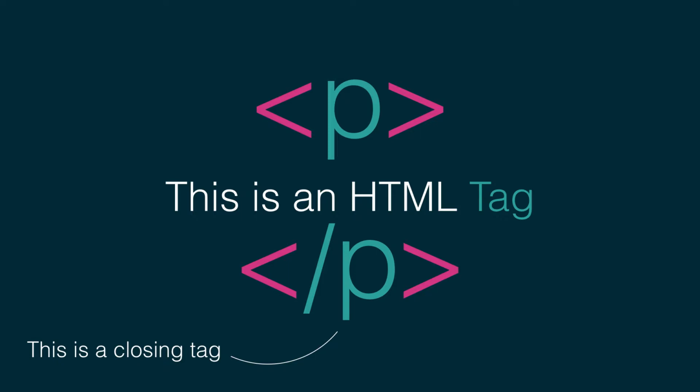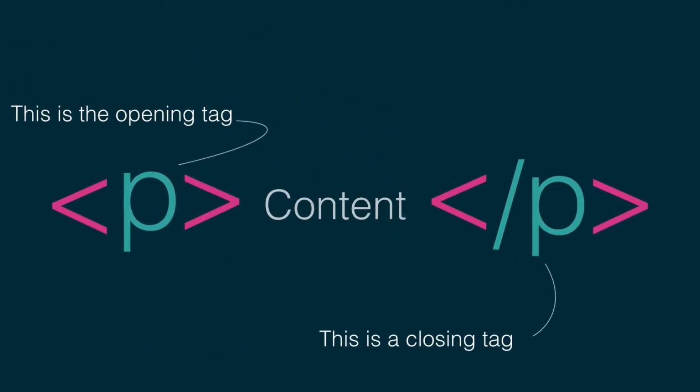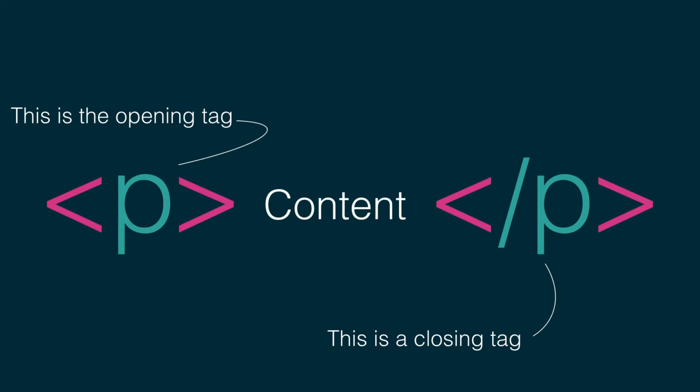So that is the opening tag, that is the closing tag, and if we clean this up a little bit, you can see that the tags in between them is content. And it's a lot easier to think of this.